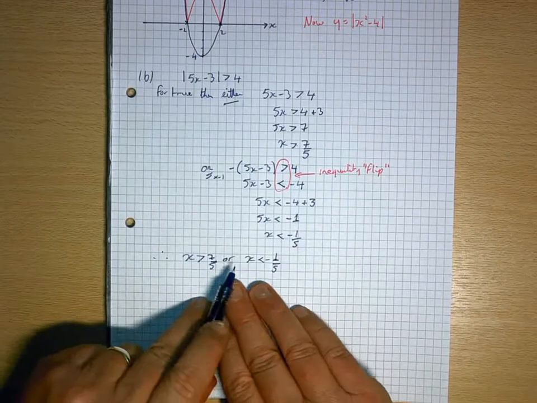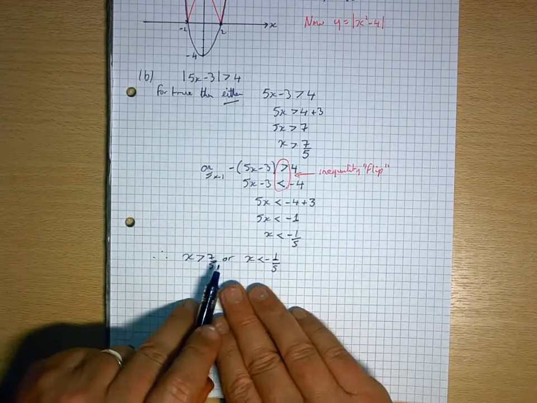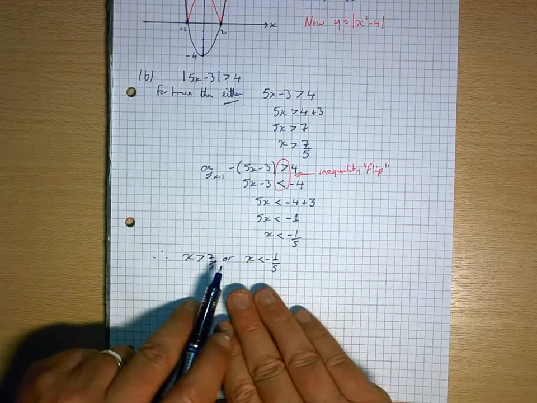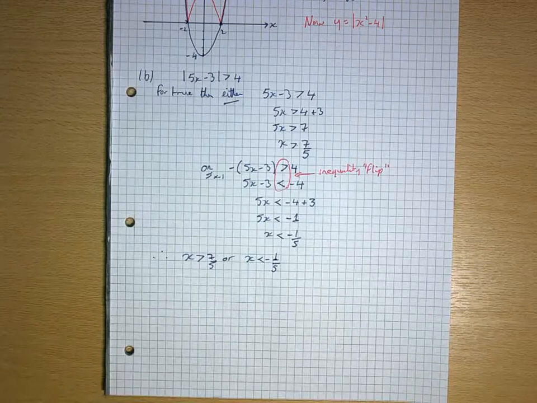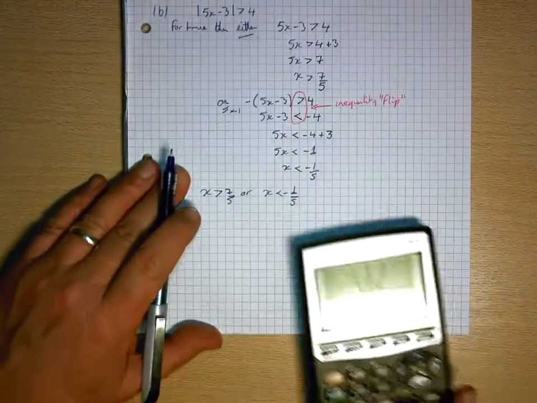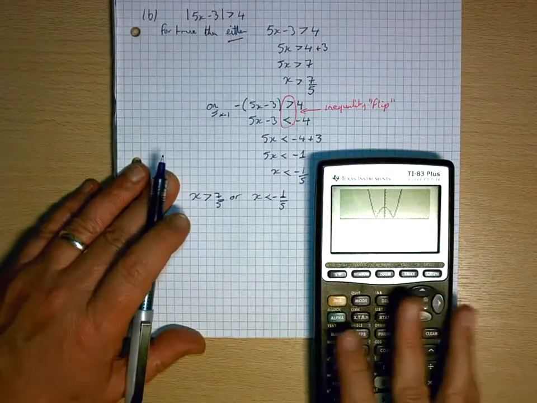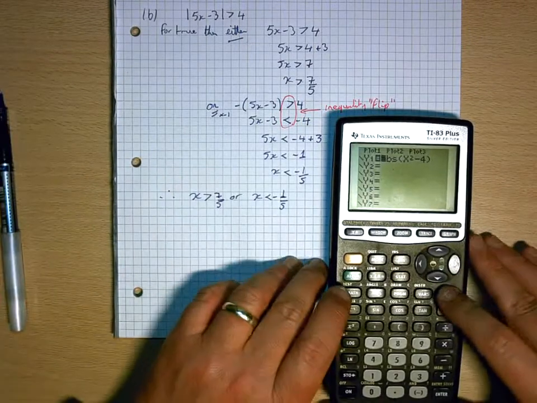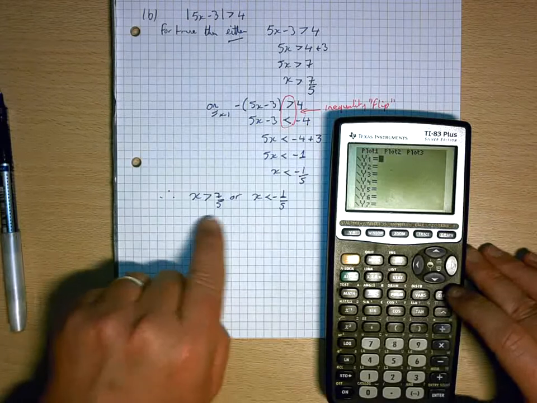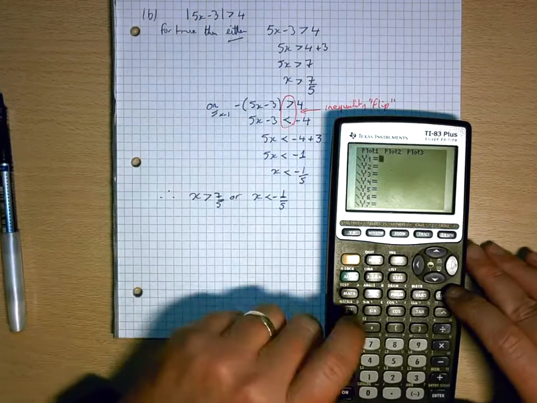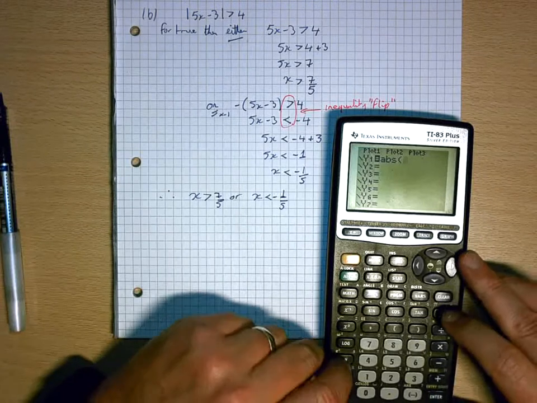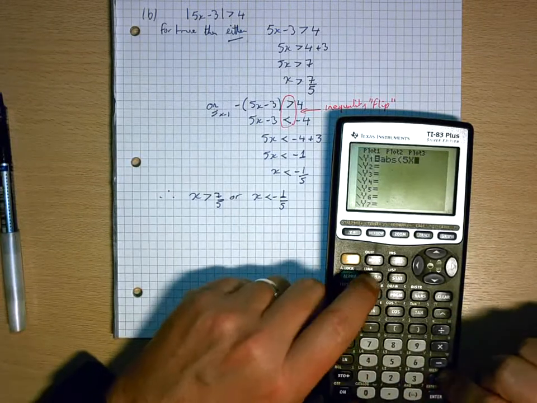And it's important that you make that clear, that you're not saying 'and'. It can't be between them, which would be 'and'. They are mutually exclusive. Now you should be able to plot that on a graph as well. So let's see what this one would look like. So rather than abs of that, we're going to do the absolute value of 5x minus 3.